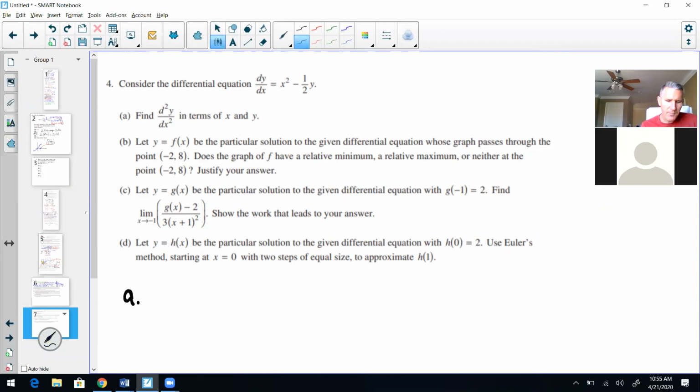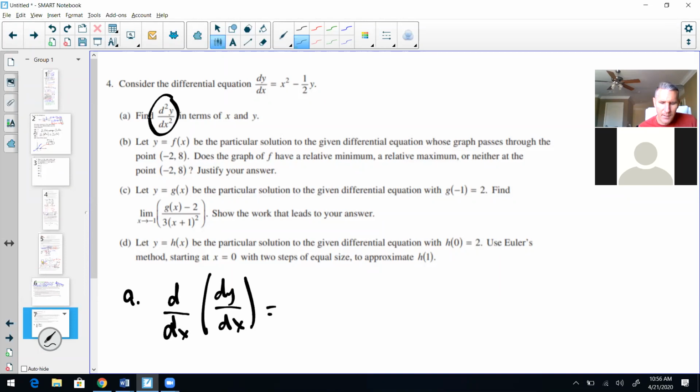So for A, it's asking for the second derivative, but the thing is, dy dx is in terms of both x and y. So really, if I'm taking the derivative with respect to x of dy dx, this is going to be the derivative with respect to x of x squared minus 1/2 y.